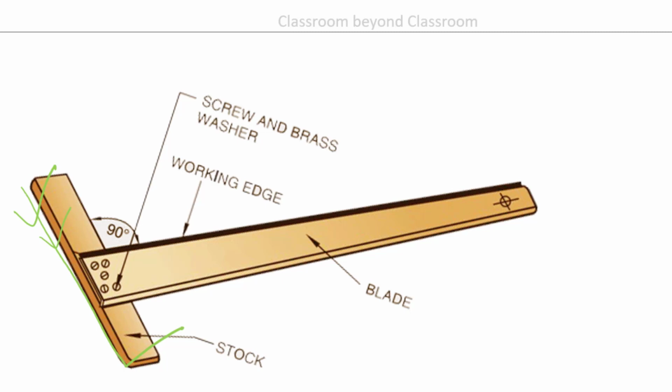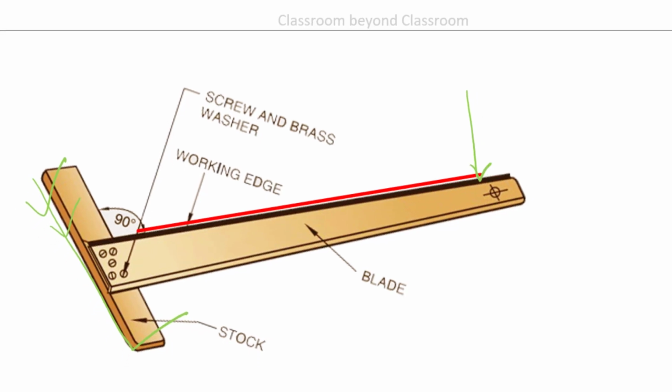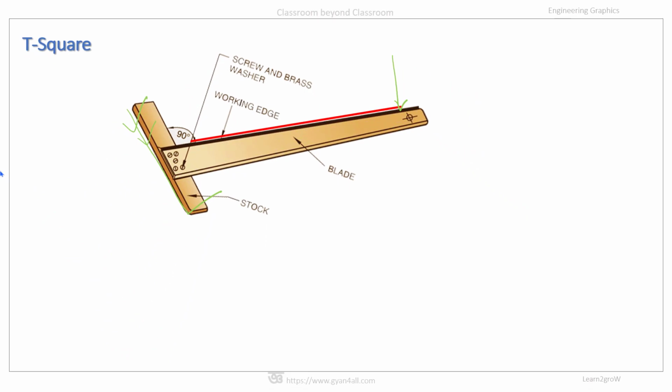This working edge is used to draw horizontal lines only, like this. So this way we can draw horizontal lines with the help of a pencil and a T-square. A set square can be used to draw inclined lines or vertical lines taking the T-square as the base.